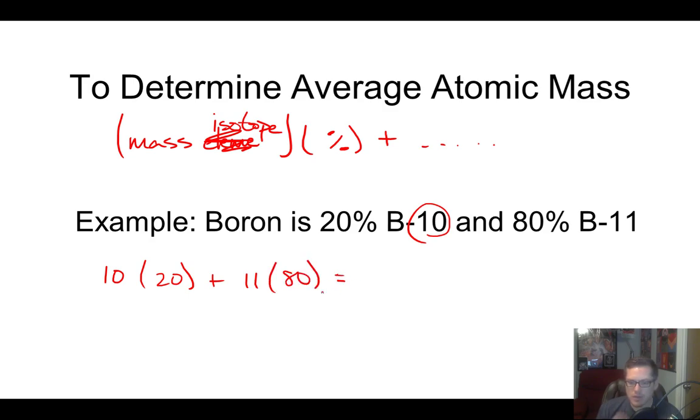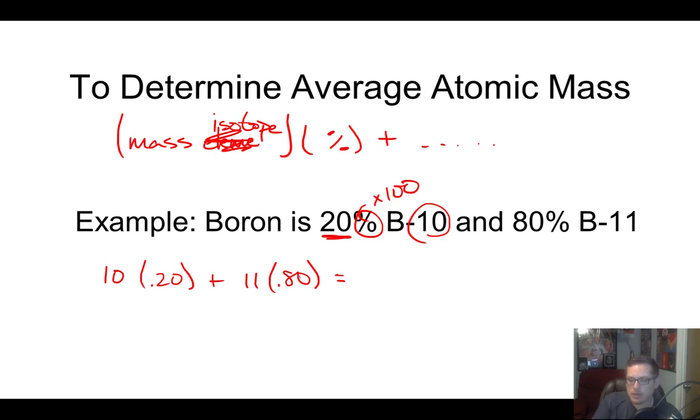Now we have to think about this real quick. If we take 10 times 20 plus 11 times 80, we're going to get a ridiculously big number. We know boron can't possibly be that big. Remember, when we find percentages, the percent symbol means it's been multiplied by 100. So we have to divide these by 100.